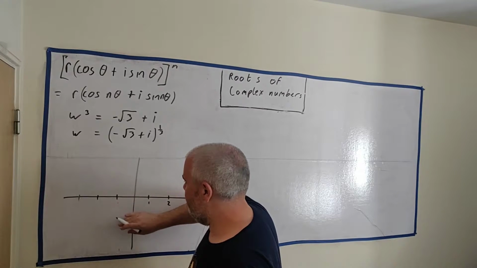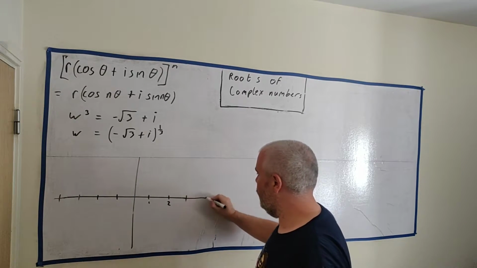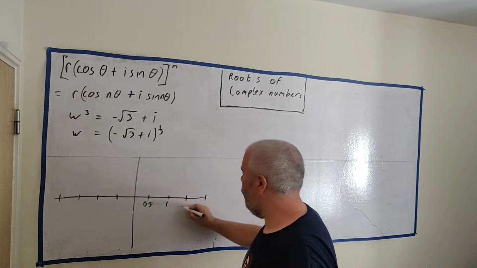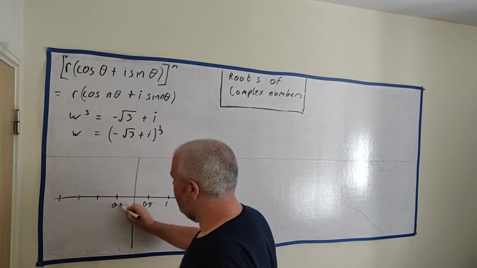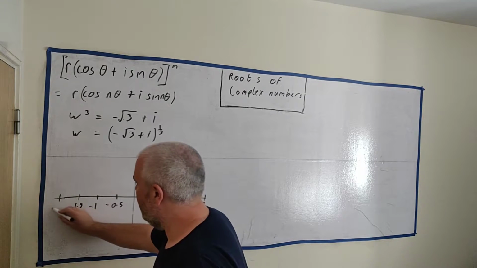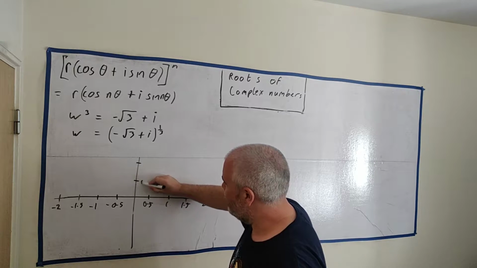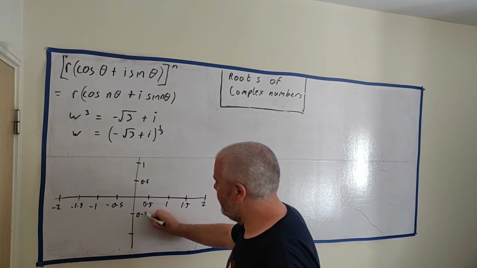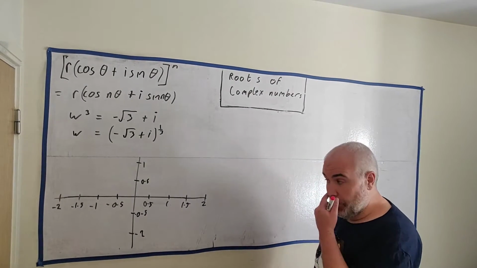Let's change this to be 0.5, 1, 1.5, 2, minus 0.5, minus 1, minus 1.5, minus 2, and we'll just go up in halves, 0.5 and 1, minus 0.5, minus 1. That should be enough for us here.